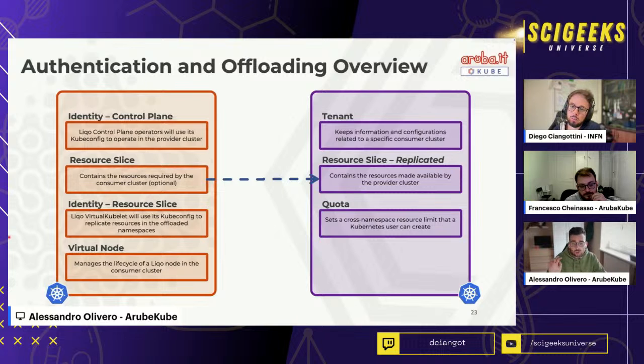Can I ask one question? Sure. Tell me if I'm reading this correctly or not. To me, this looks very similar at the logical level, not at the implementation level, to the experience you have when you, for instance, create a vcluster.